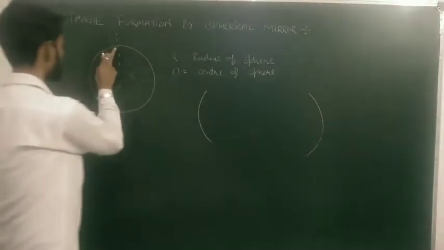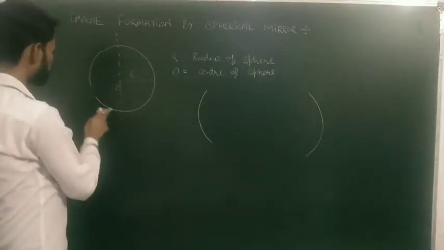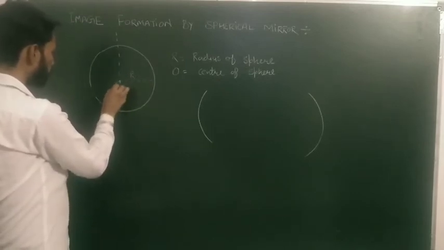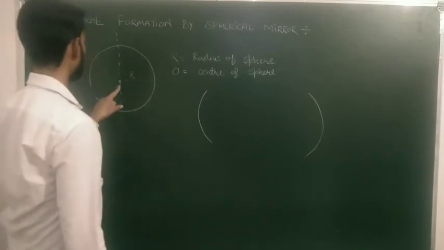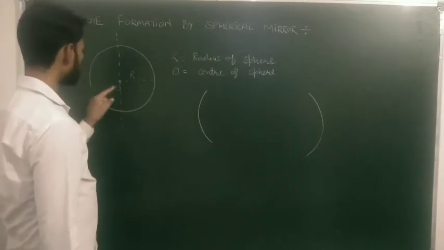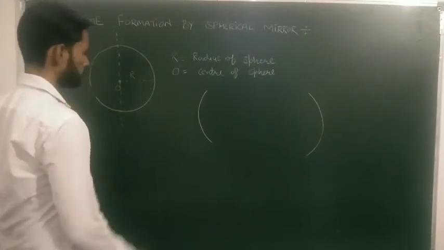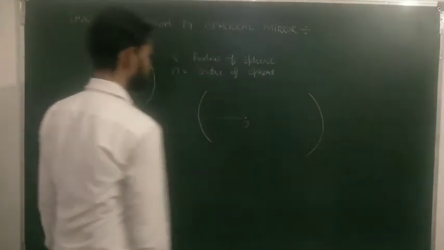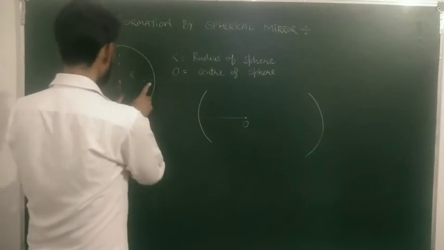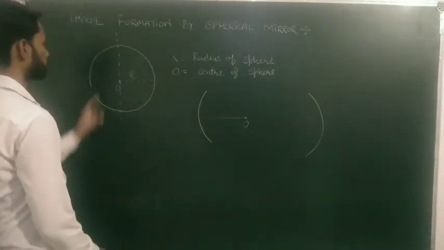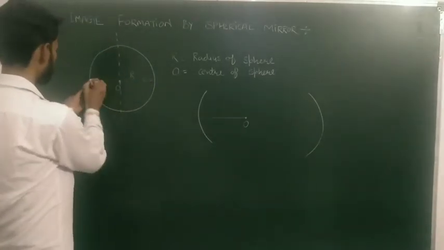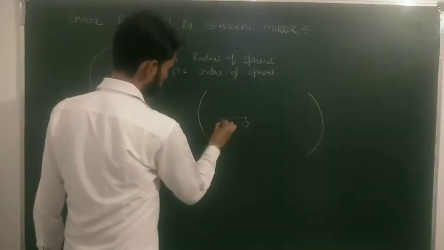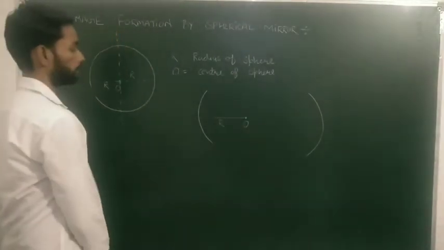If we take this type of surface, here is the center O, and for this type of surface, here is the center, also O. These are the radius of the spherical mirror.